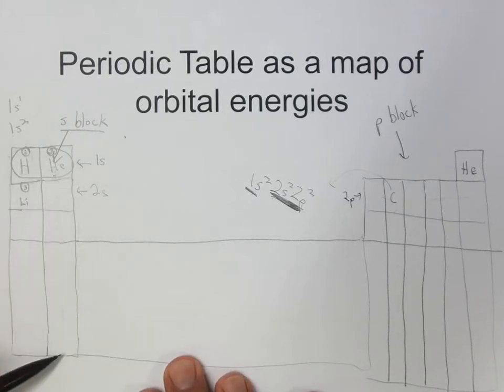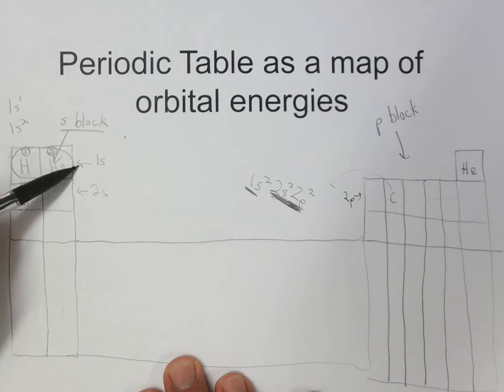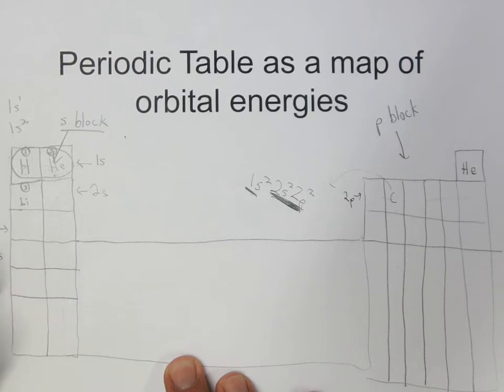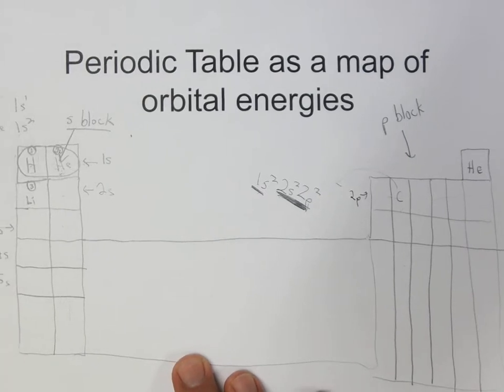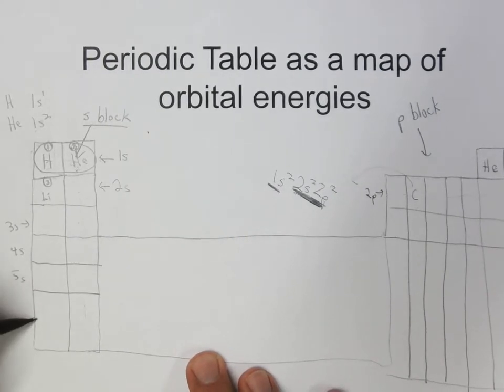Because the s block, you have the 1s sublevel, the 2s sublevel, the 3s sublevel, the 4s sublevel, the 5s sublevel, and so on. And if you just look down this column, we can label each row of the periodic table with the energy level of the orbital, and then based on which part of the periodic table it's in, what sublevel orbital designation there is.